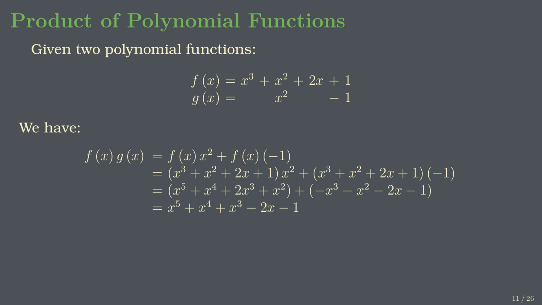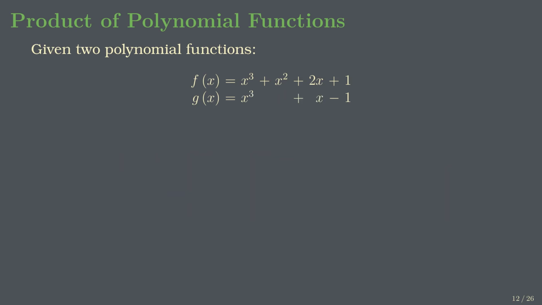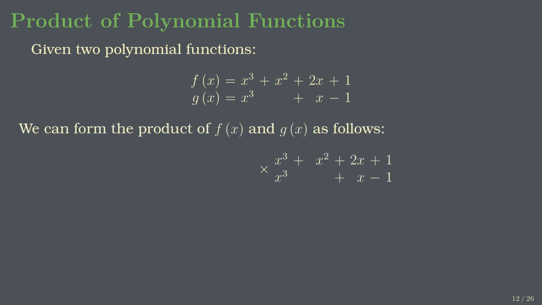And you can also write the whole procedure vertically, right? So now if you want to take the product of f(x) and g(x), in this case, you can write them line by line and then try to compute the product of each term of the second one with the first one from right to left.